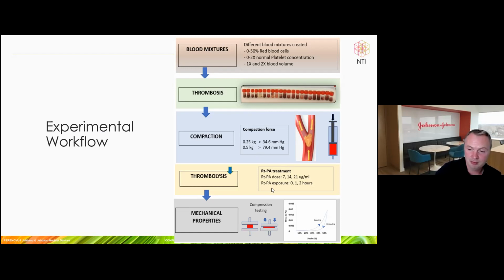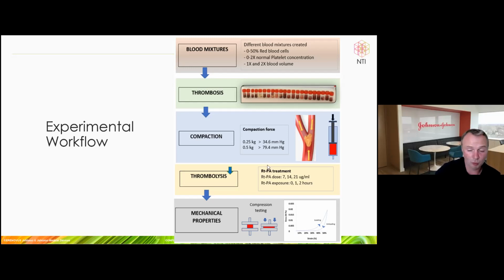And then we exposed the clots to thrombolysis, different doses and different time frames. And then after that, we tested the clots using our compression testing, which I've described to this group before.